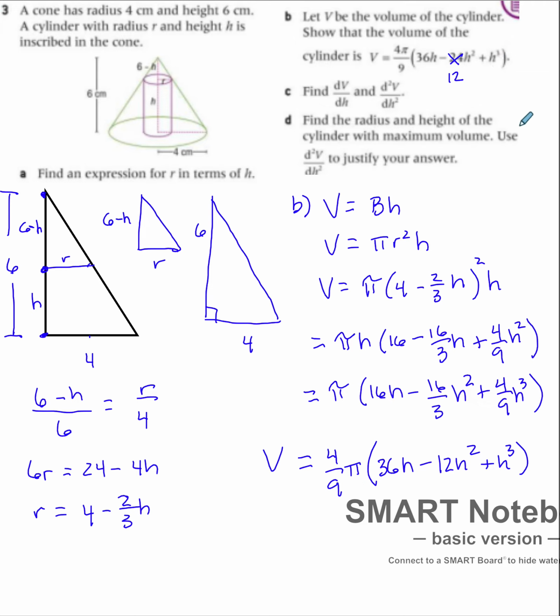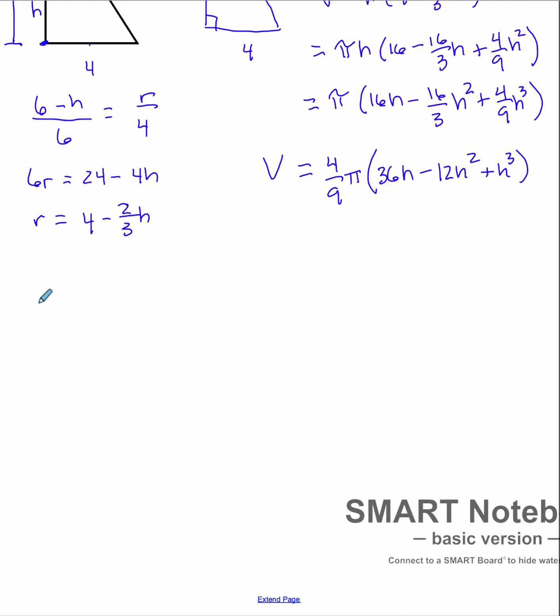Phew! All right, so now we have to find the first derivative and the second derivative. So for C, v prime is equal to, I'm going to leave 4/9 pi there. I'll write it as 4 pi over 9 now. Remember, it's the coefficient, so it's just waiting to see what happens to it.